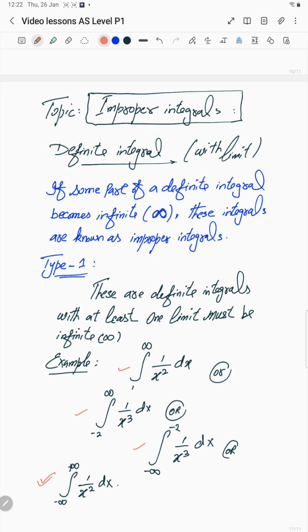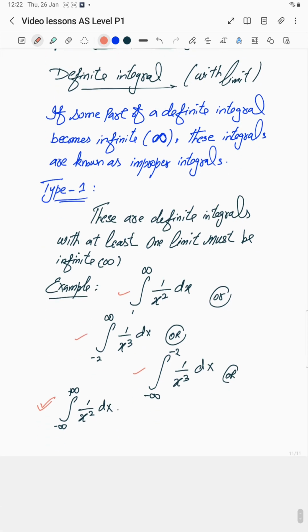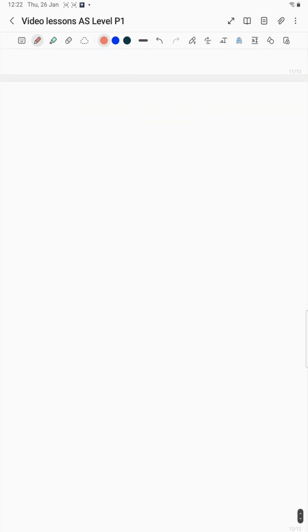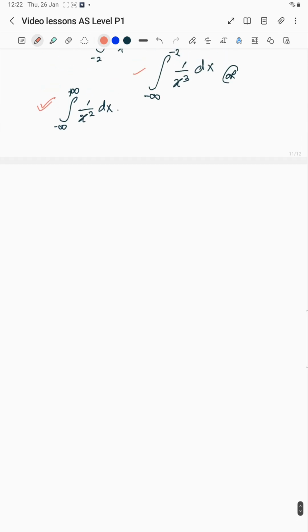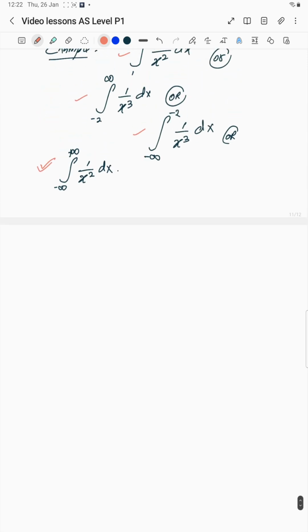If you talk about the other type, first we talk about the types. We can say this is type number 2.